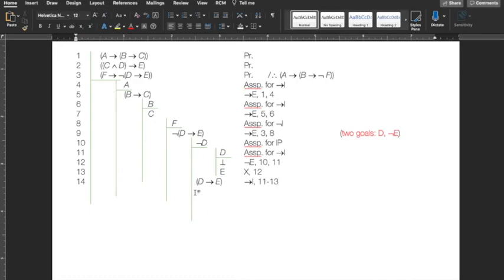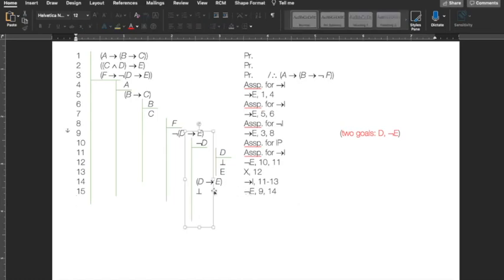And then this means that I have a contradiction here. So that is negation elimination, lines 9 and 14. So notice that line 9 is the negation of line 14. And what was the start of this proof?